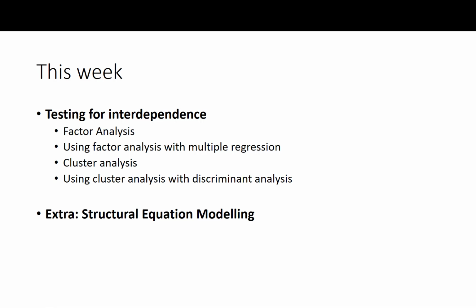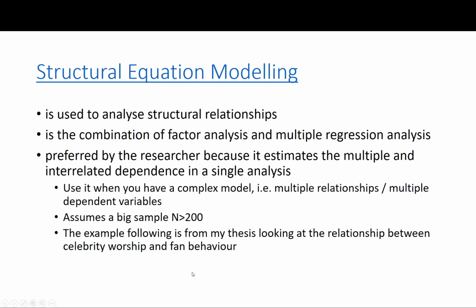In terms of structural equation modeling, I'm just going to make a few comments about what it is and why it is used. So a structural equation model is used to analyze what we call structural relationships. It combines factor analysis and multiple regression, and it can be used when you have multiple dependent variables.